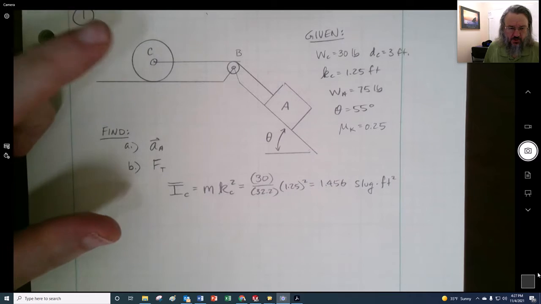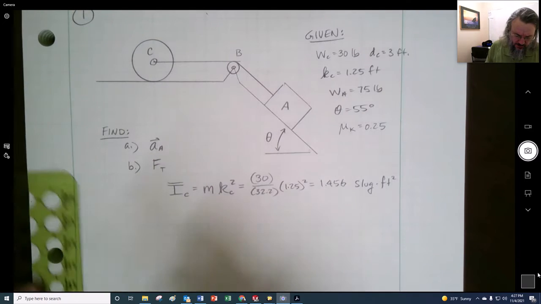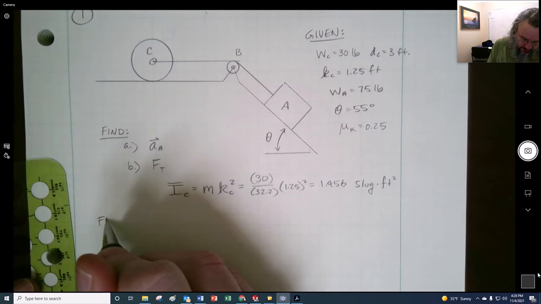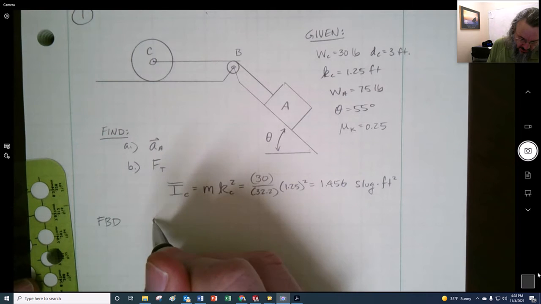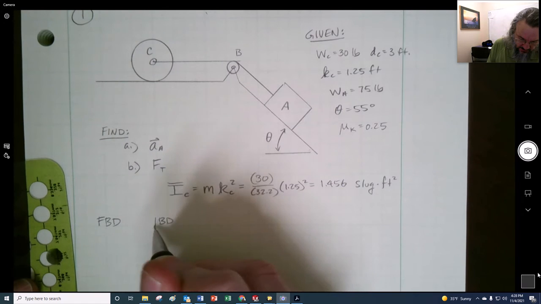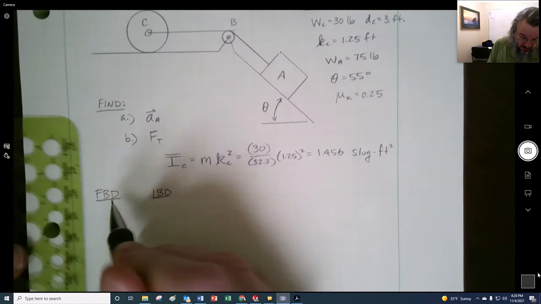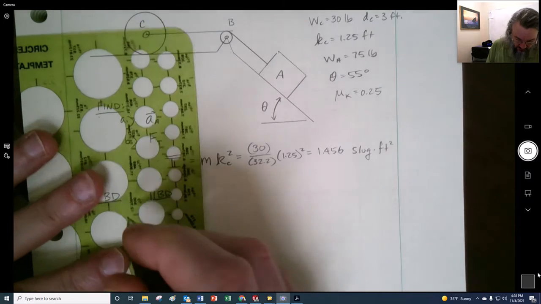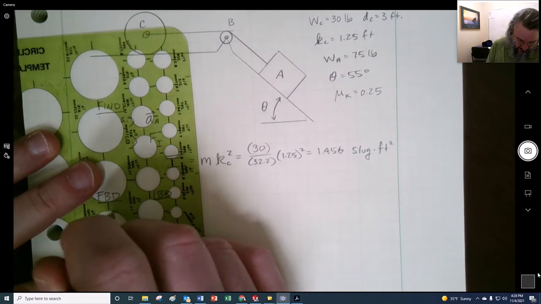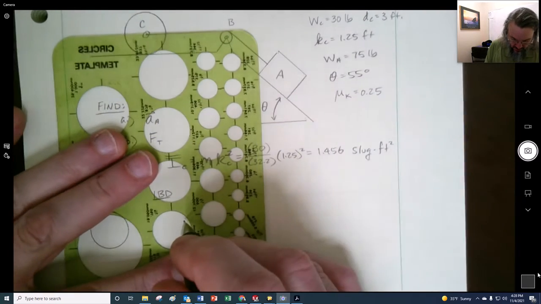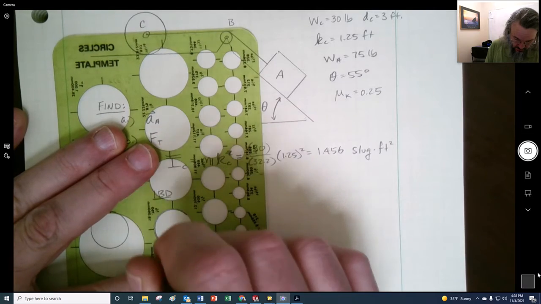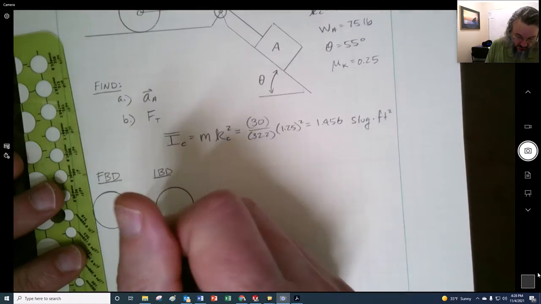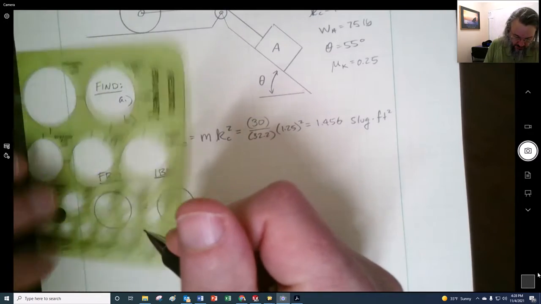Maybe that's the first thing I'll do. I don't want to make it too complicated, but I'll try to be methodical. Here's your FBD and IBD of, let's see, I don't have to make it full size right here. I'll make it 2 here. So here's this guy, and here's this guy, and they're equal to each other.